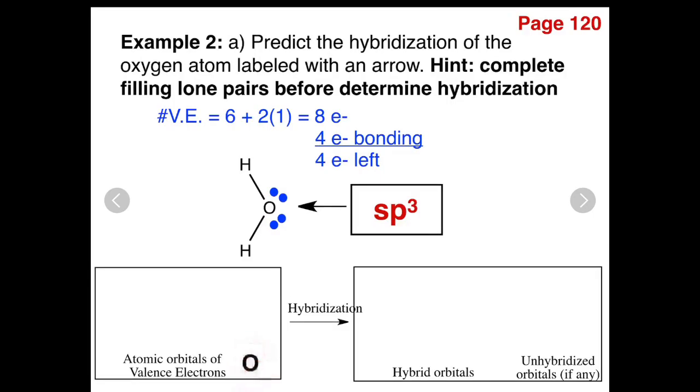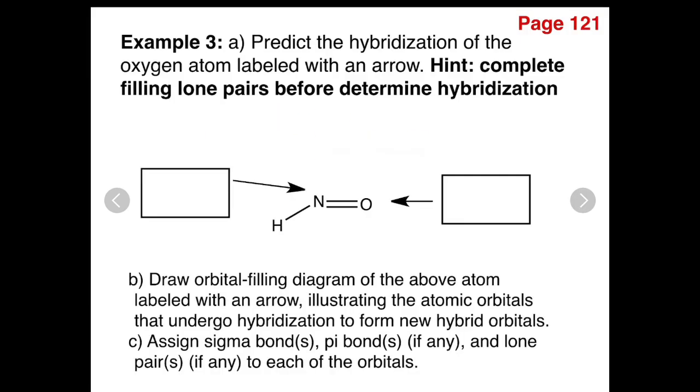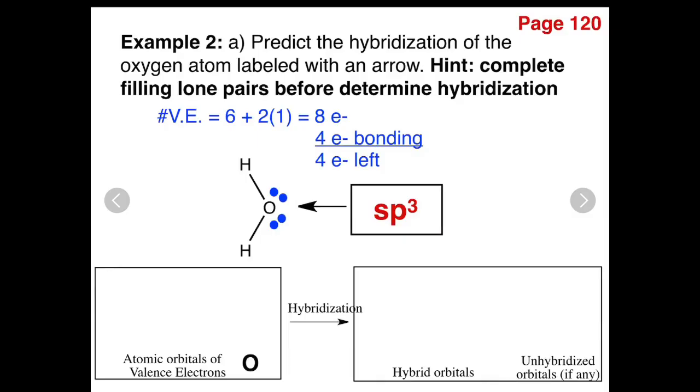If you recall from the electron configuration of oxygen, you are going to see that the atomic orbitals of oxygen contain 2s, right? This is of the valence electrons. We are focusing on only the valence electrons. The valence electrons of oxygen reside in 2s and 2p. 1, 2, 3.